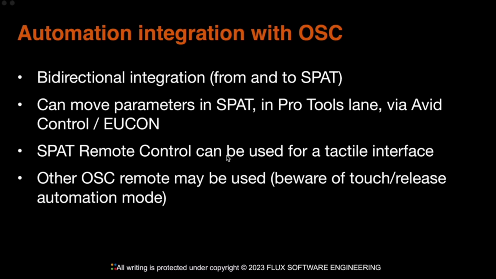I don't think I need to explain that to anyone. And via Avid Control, which I can do, and we'll do it on this one quickly. But in the case of people that are using our SPAT remote control, we can use this as a tactile interface. And you saw me in the SPAT configuration configuring the OSC port for that configuration.